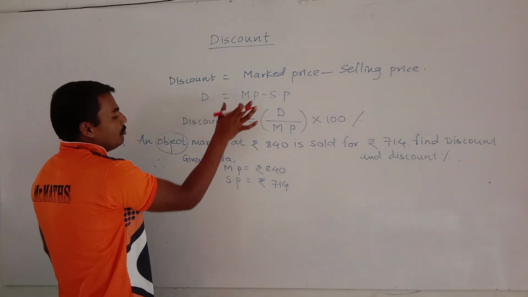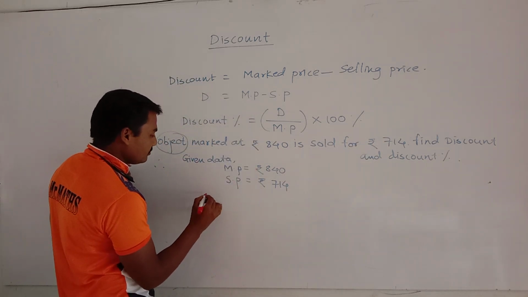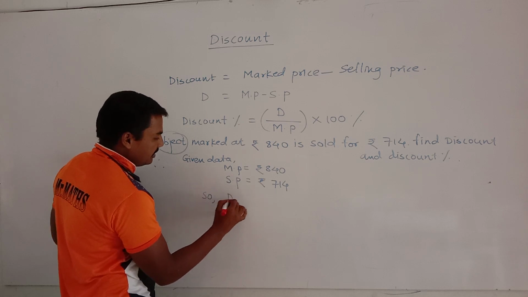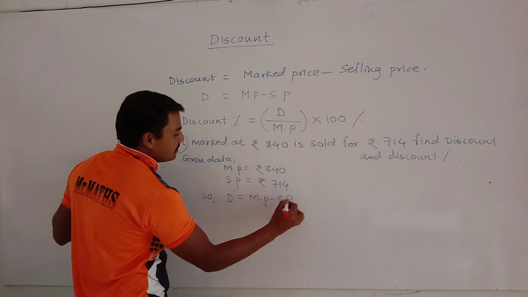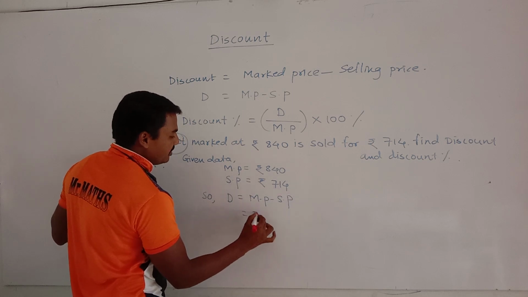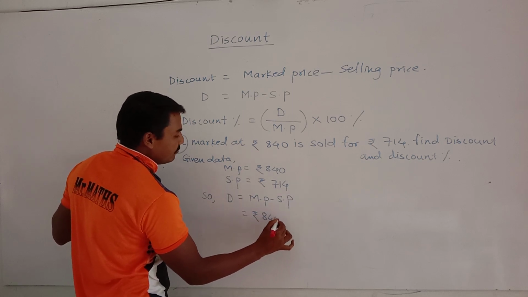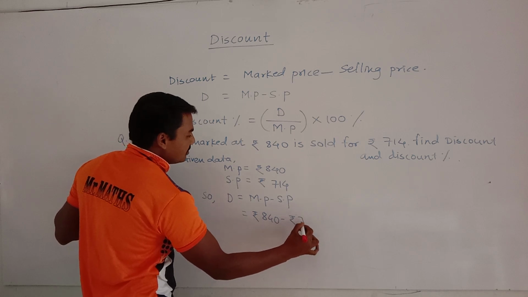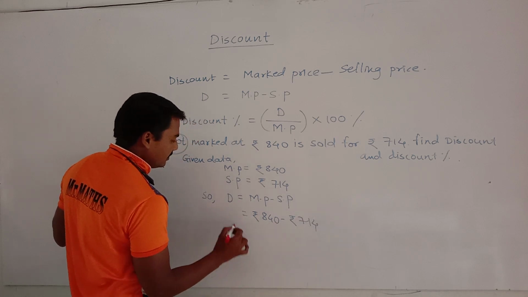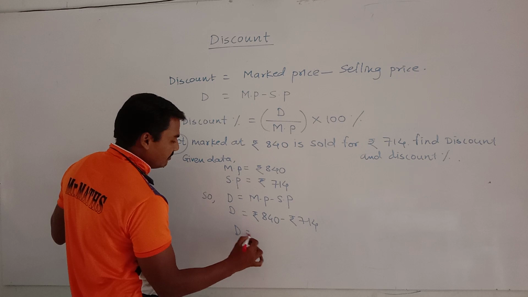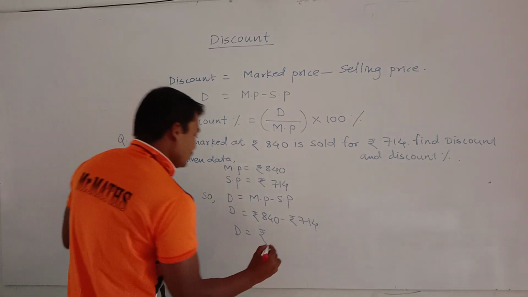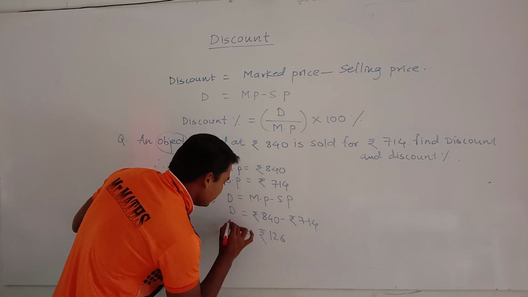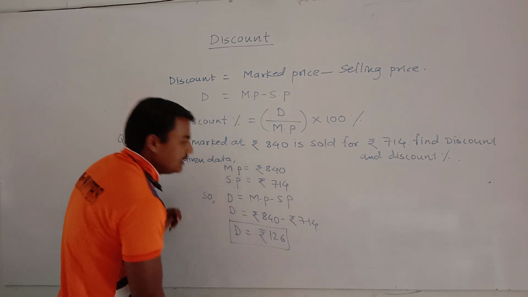From this formula we have to find the discount. So discount is equal to marked price minus selling price. So marked price is rupees 840 minus rupees 740. Okay. So discount is equal to rupees how much? 126. I got the discount.